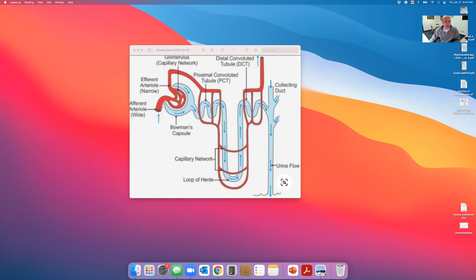Now, what winds up happening, just by and of itself, is that as these things called baroreceptors sense that pressure is decreased here, they cause renin to be released, okay, from the juxtaglomerular cells. So renin stimulates the renin-angiotensin-aldosterone system.